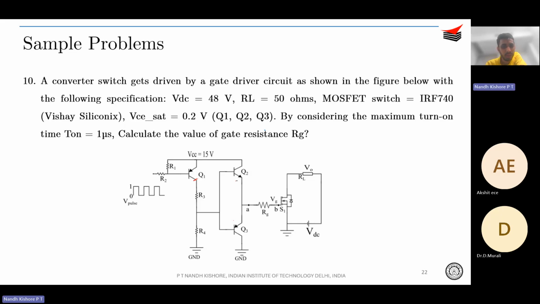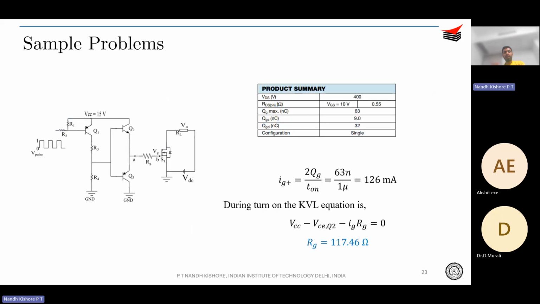So VDC is given 48 volts, RL is also given, the switch is given, so obviously we need to refer to the data sheet, and the VCE sat is also given for Q1, Q2 and Q3. The turn on time is given as 1 microsecond. So what is the value for RG? The IG plus that is required would be basically 2 into QG by T on.